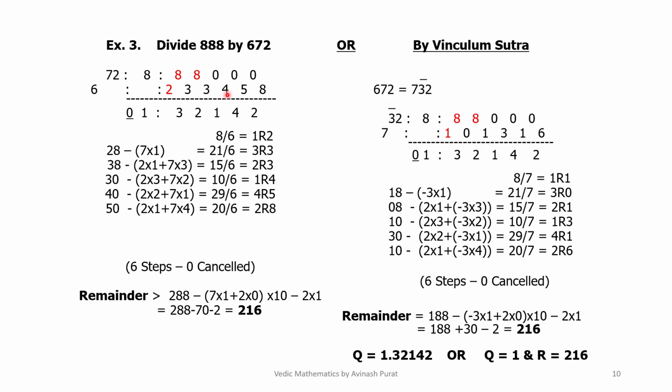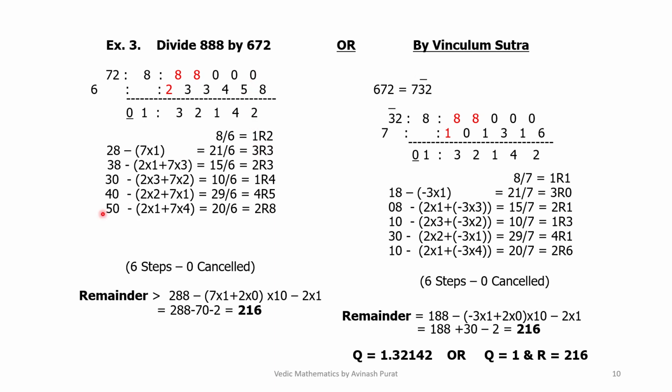Our remainder is 4. Now 40 minus (2 into 2 plus 7 into 1), that is 4 plus 7, 11. 40 minus 11 is 29, by 6 equals 4 remainder 5. 5 is remainder.